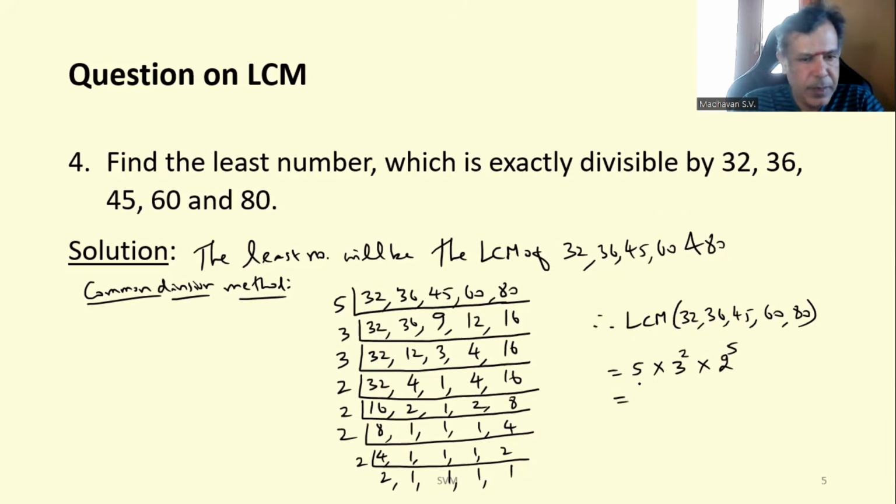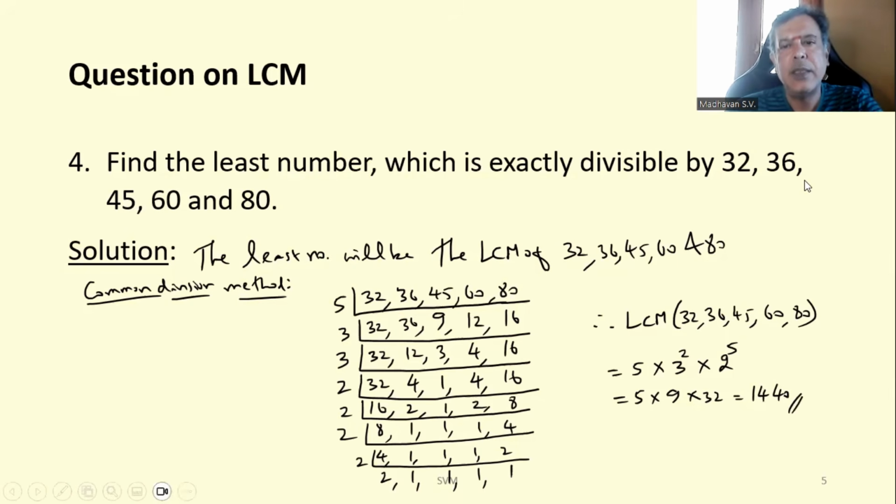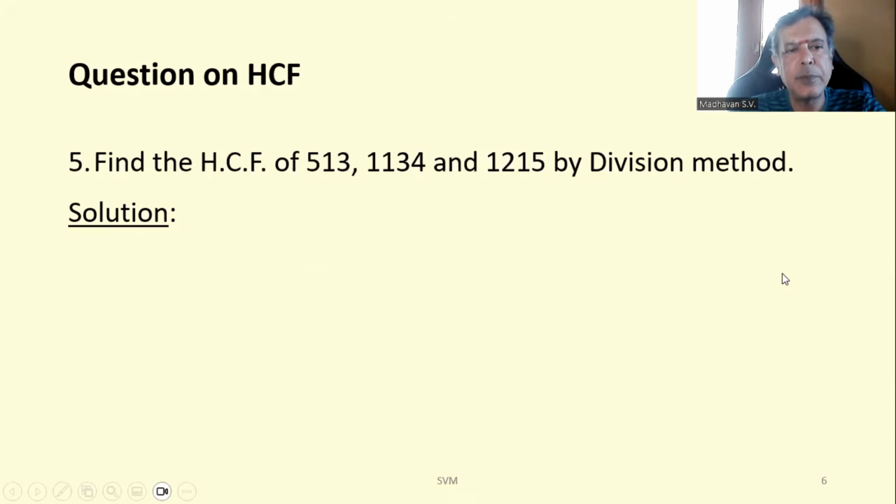If we multiply this, we get 5 into 9 into 32, which is 1440. That is the least number which is exactly divisible by 32, 36, 45, 60, and 80. Let us move on to the next question.